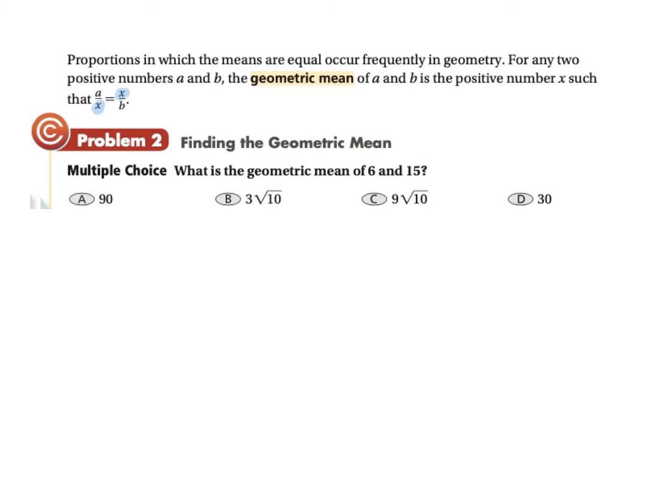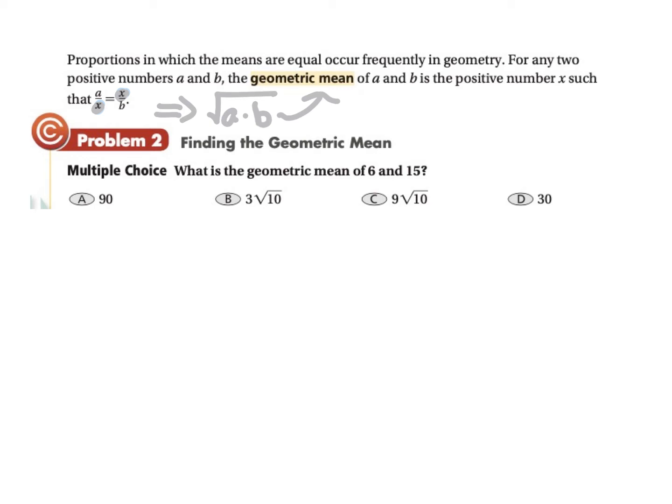The answer is the square root of A times B. So anytime that happens, that's how you find your geometric mean.